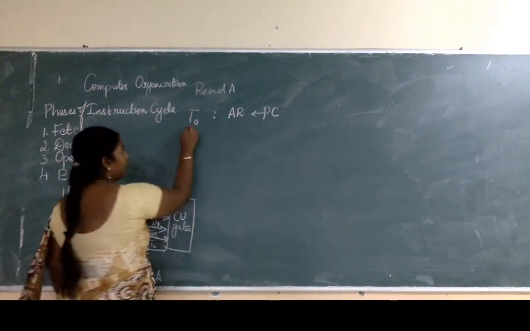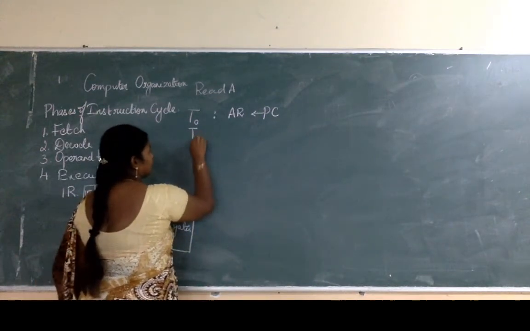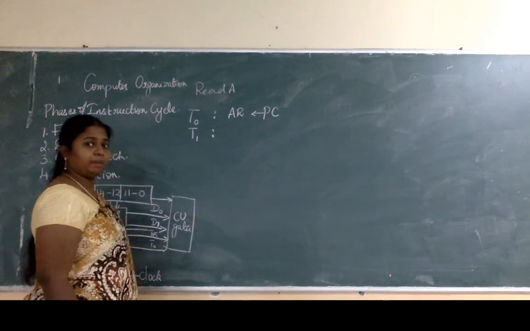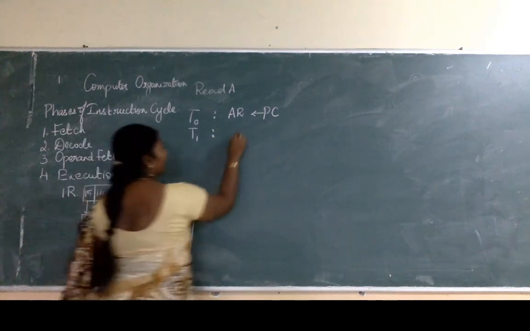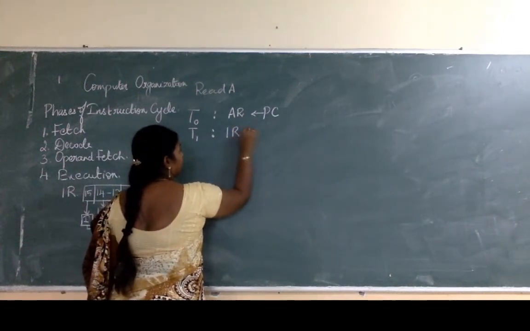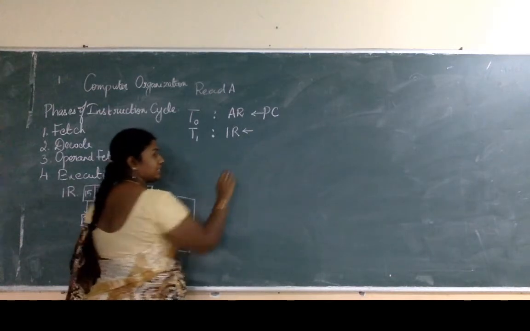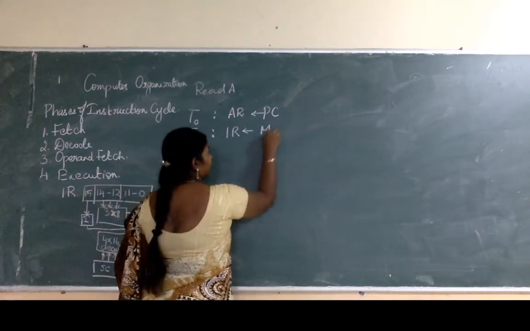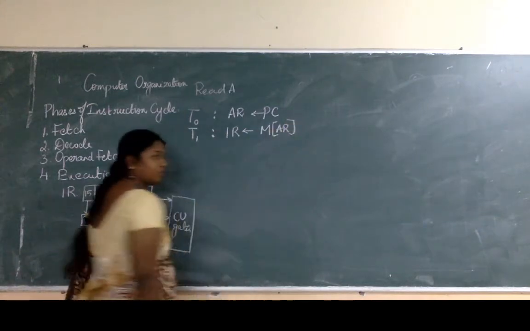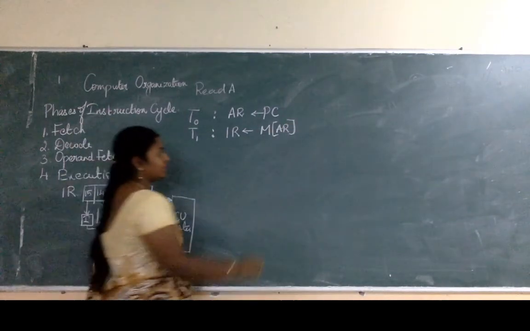Now the second time cycle, which is time cycle T1, we have to read the instruction from memory, which is addressed by the address register, into IR. IR is the instruction register. It receives the memory content of the location pointed by the address register.